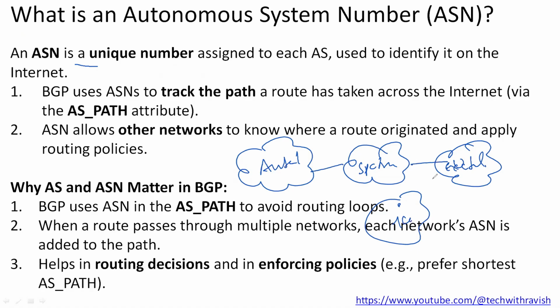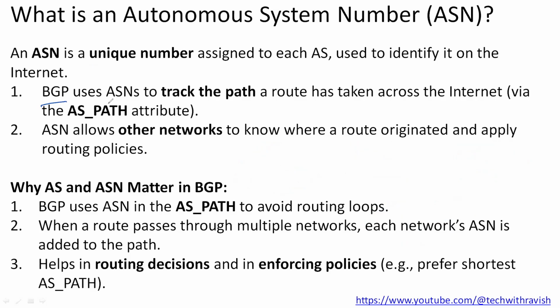All the ISPs are provided a specific autonomous system number, like 65001, 65002, 65003, and 65004. These are the identities over the internet. So, for example, Airtel can be recognized by the 65001 AS number.